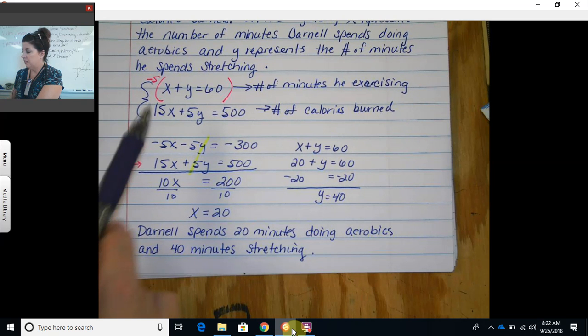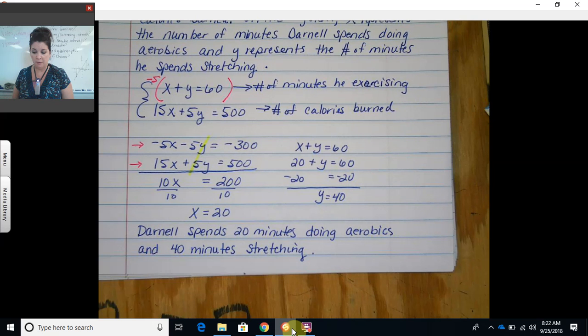And then of course I could substitute those numbers in and figure out how many calories he burned doing aerobics and how many calories he burned stretching.